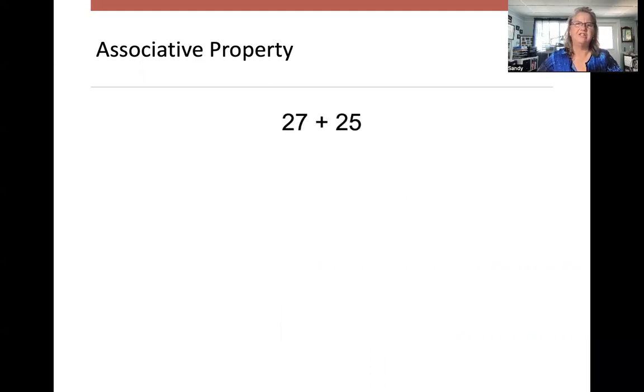If I use this strategy for 27 and 25, I can also use it for 298 and 372. What's that the same as? 300 plus 370, 670, done. I know the answer in the time it would take someone to write it down on paper, right? So great strategy, very efficient, very effective for most students.